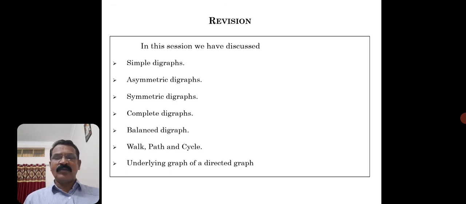Then we discussed the balanced digraph, in which the outer degree of a vertex is equal to the inner degree of a vertex. Then we discussed walk, path and cycle, with concepts similar to those of the undirected graph. Then we discussed the underlying graph of a directed graph.